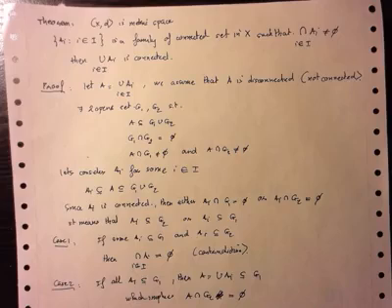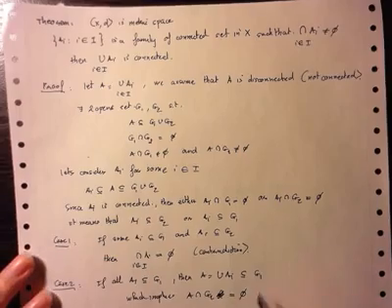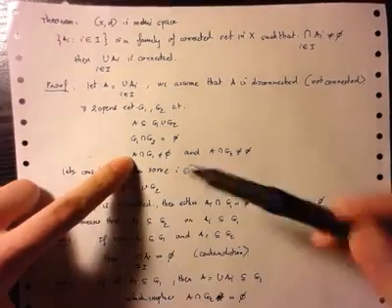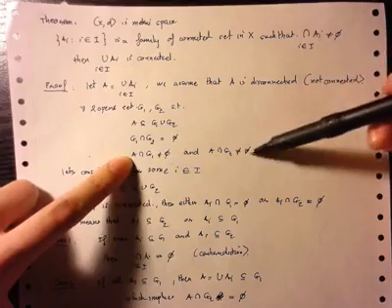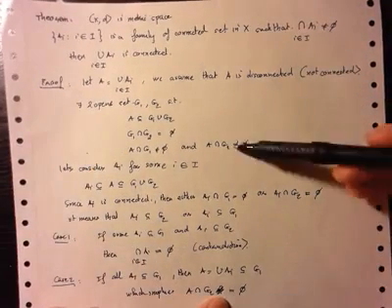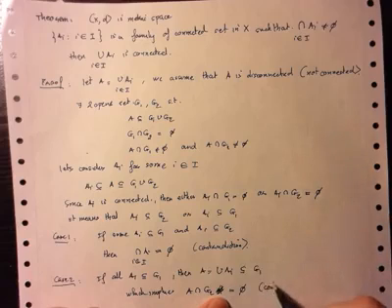So the intersection with G2 must be an empty set. That makes sense. And this one also contradicts our assumption, because over here they say A intersection G2 must not be an empty set, but we have A intersection G2 is an empty set. So this is a contradiction.